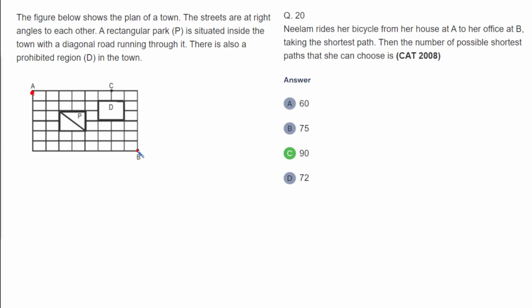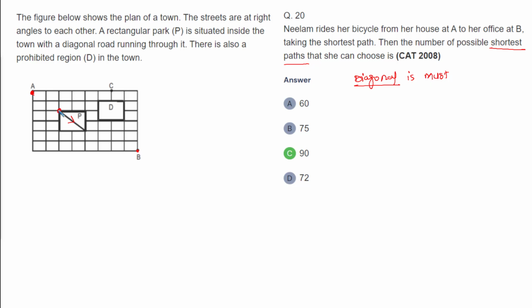So for the shortest path, going through this diagonal is compulsory. So let's have a look at it.